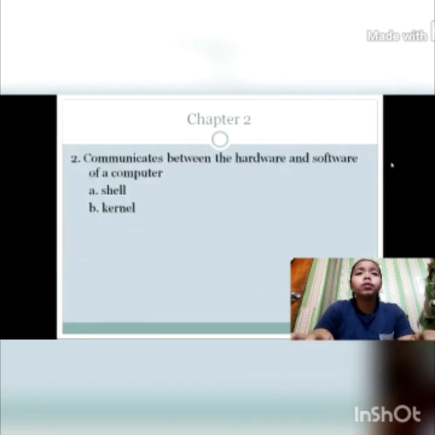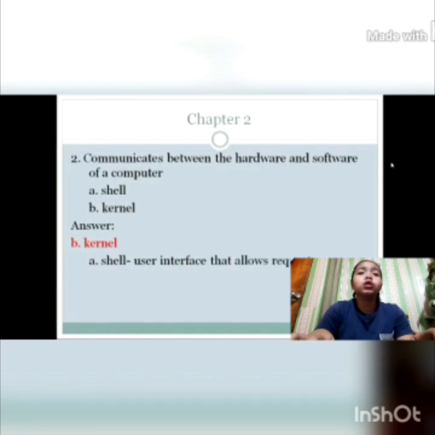Number 2, communicates between the hardware and software of a computer, shell or kernel. I think kernel is the best answer, because the shell is the user interface that allows requesting specific tasks.